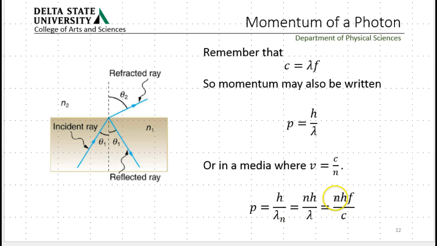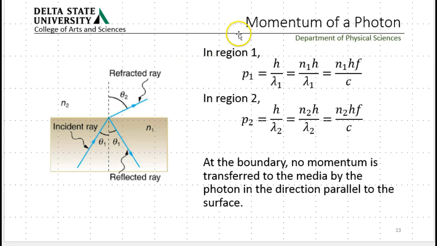So p is the index of refraction times Planck's constant times the frequency divided by the speed of light. In region 1, P1 is n1 hf over c, and in region 2, it's n2 hf over c.